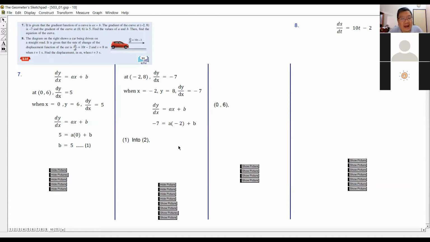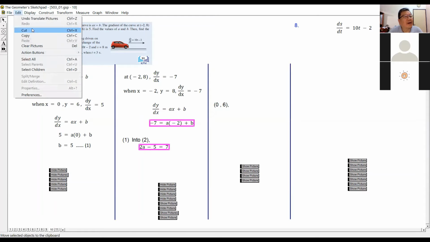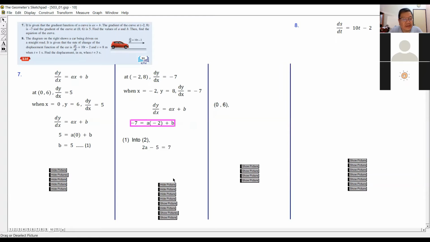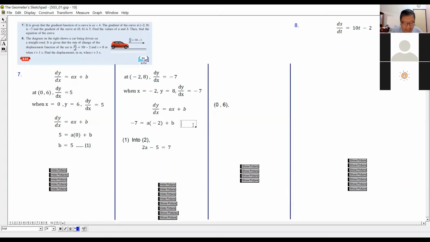So never mind. I call this equation 2, and I'm going to use b equals 5.